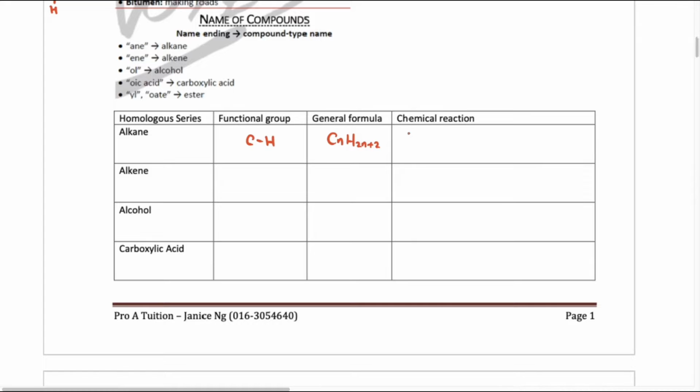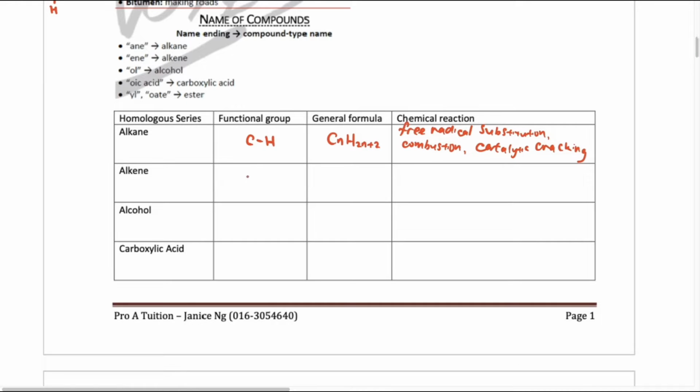The chemical reactions are free radical substitution, combustion, and catalytic cracking. Okay, so what kind of reaction are these? Just care about it later. We just fill out in general first.